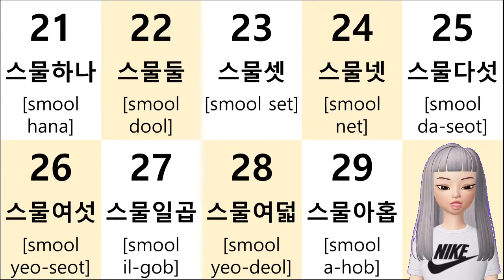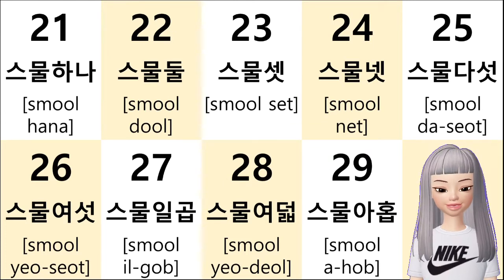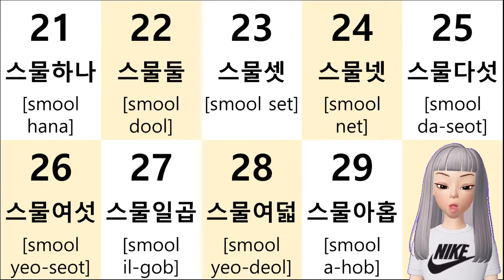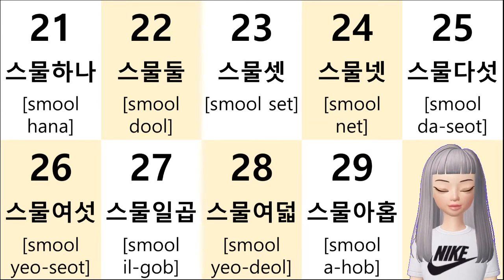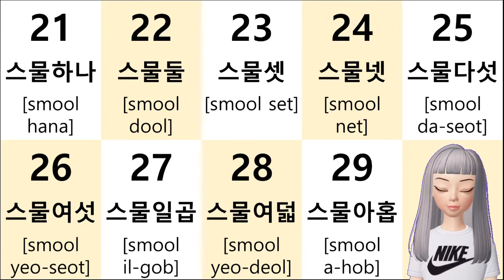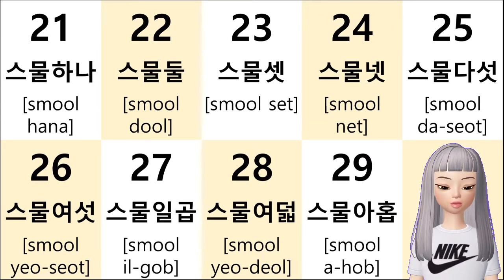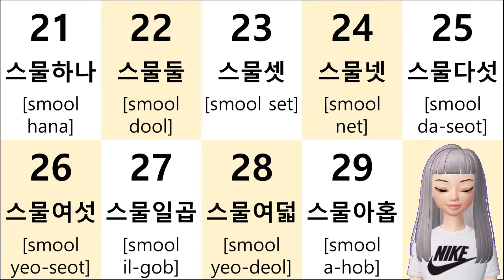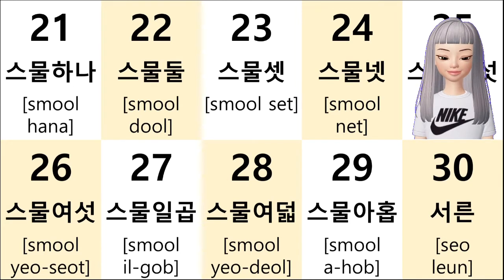So, continuing on with 24, 스물넷. 25 is 스물다섯. 26, 스물여섯. 27, 스물일곱. 28, 스물여덟. 29, 스물아홉. Then comes 30.